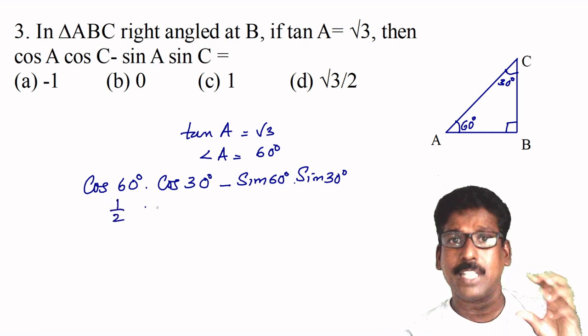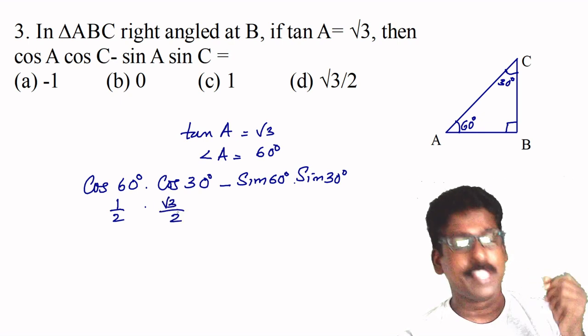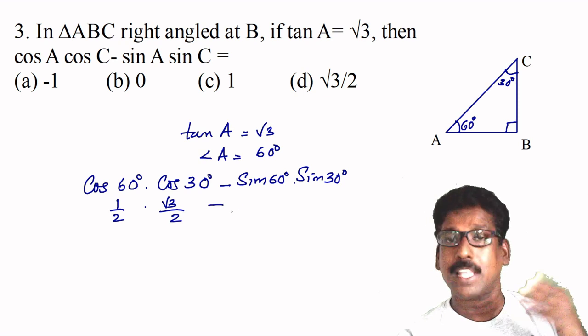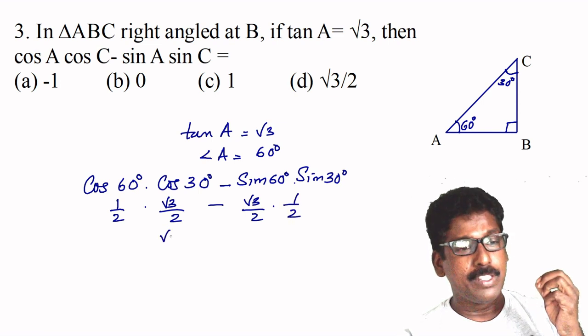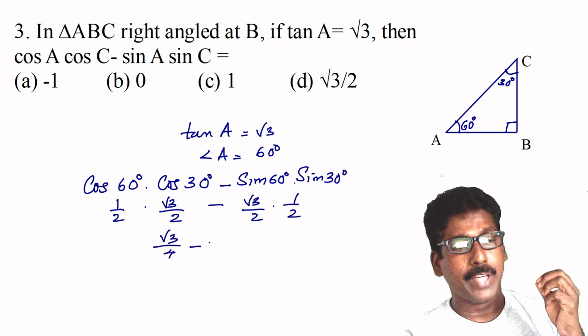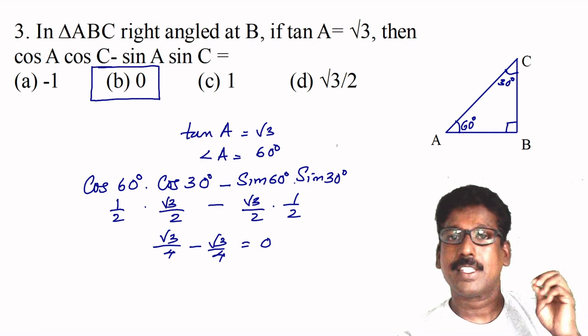Then cos 30 degree is root 3 by 2, that is sin 60 degree. Minus sin 60 degree, which is root 3 by 2, into sin 30 degree, which is 1 by 2. That means root 3 by 4 minus root 3 by 4. So you will get 0. So option B, 0 is the correct answer.